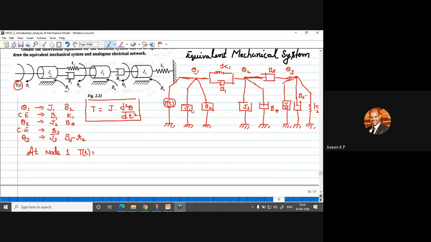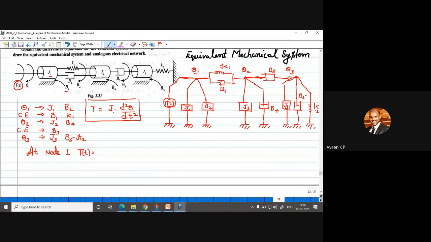In the exam, if they have given theta 1, theta 2, theta 3, it is understood these variables are time dependent, so there is no need to re-represent that. So under theta 1, we have J1 and B2.